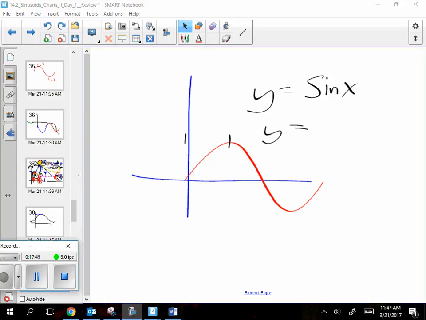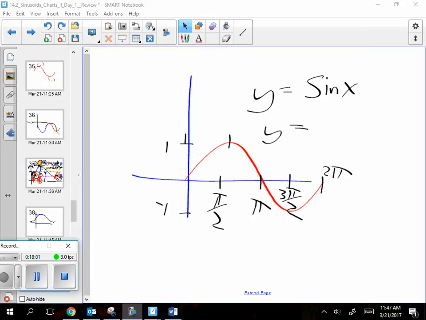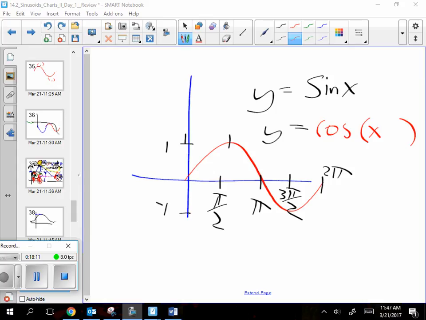So when I said it was classic sine, I meant that this height is 1, this height is negative 1. It goes all the way to 2 pi. And that is sine, but I could write it as cosine with a shift. How much of a shift should it have?